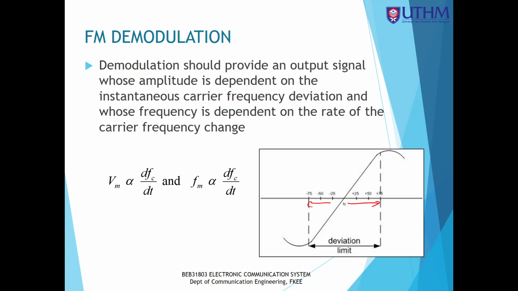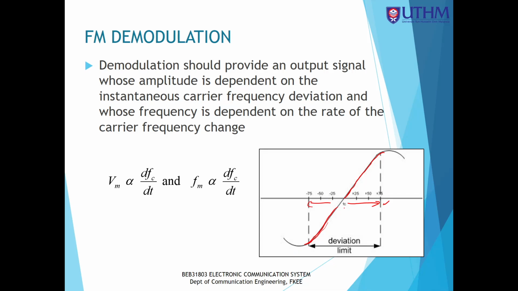For example, here if you see the frequency response curve, if the carrier moves from rest to the maximum frequency, the output amplitude becomes maximum. If the carrier input moves from rest to the minimum, the output amplitude would be at the maximum negative peak.